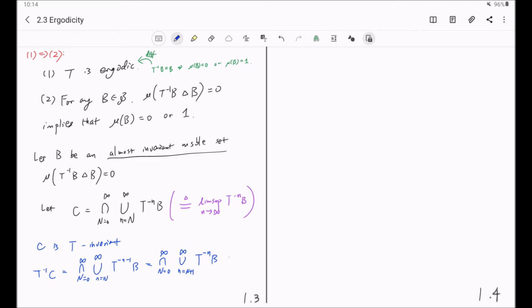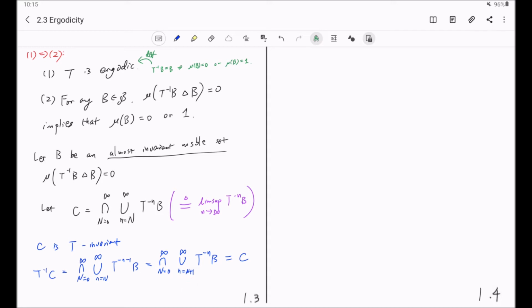But I will tell you this is the same as C. Do you see why this is the same as C? That is because although we are taking the union of sets with one less member, we are taking the intersection of infinitely many of them anyway, eventually.